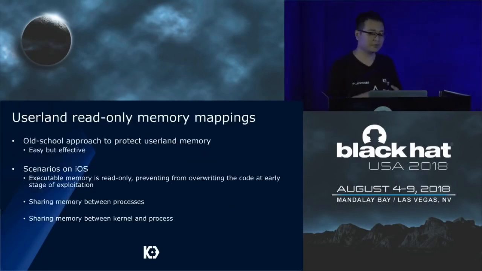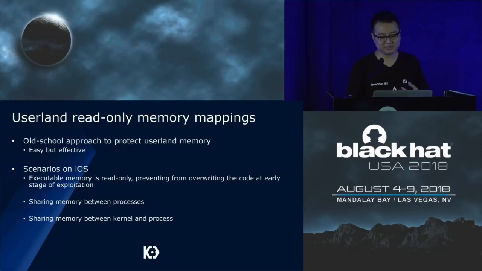Among those memory protection mechanisms, userland read-only mapping is a very old-school approach to protect userland memory. It is very easily implemented, but very effective. There are three major scenarios of using such read-only userland memory mappings.